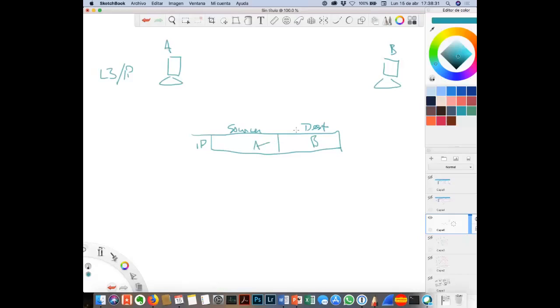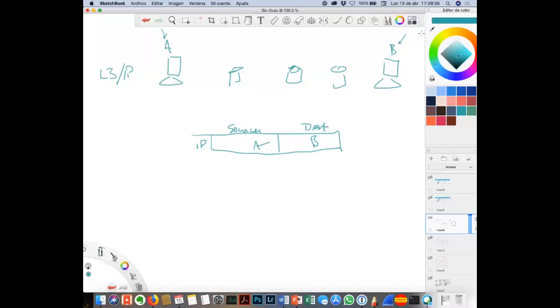Those aren't real IP addresses, of course. So anybody that gets this packet along the way, this router, this router, this router, will all see that in the IP header, there's a place to put the source address and a place to put the destination address, and it will be filled in with the sender and the ultimate destination.